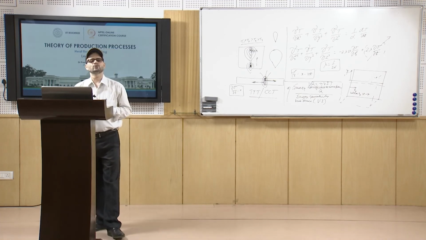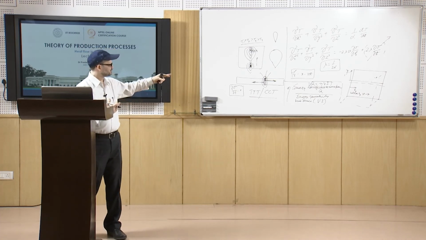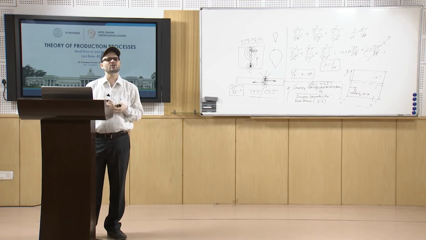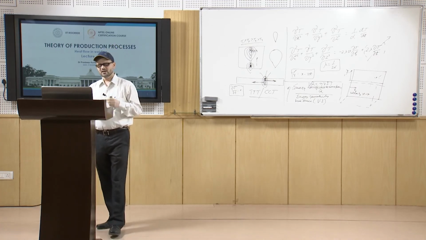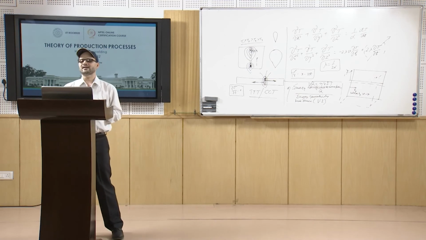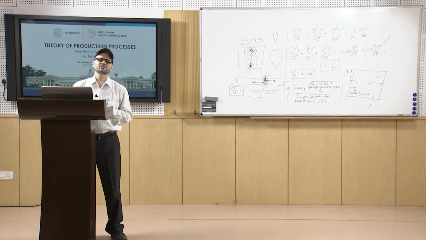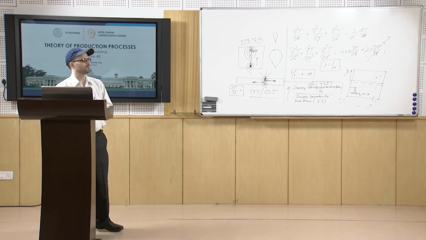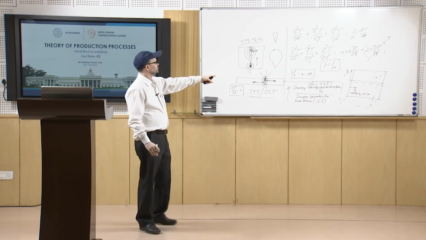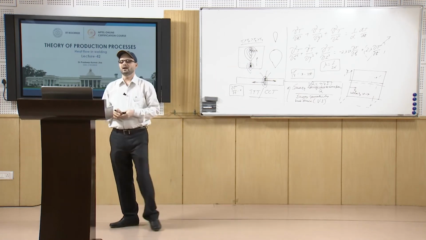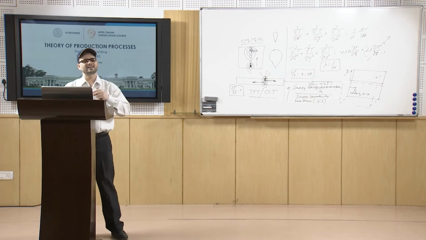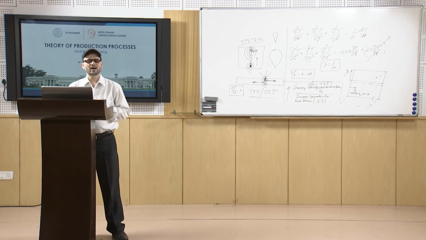Typically this is the case in electroslag or electron beam welding, where you use electricity. So, if you have welding voltage V and current I, Q may be used equal to eta into V into I.